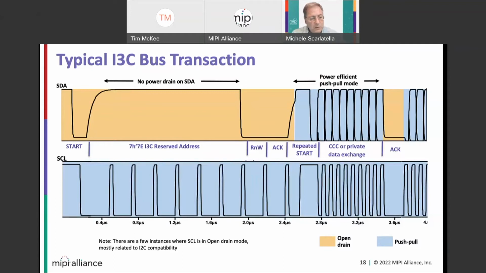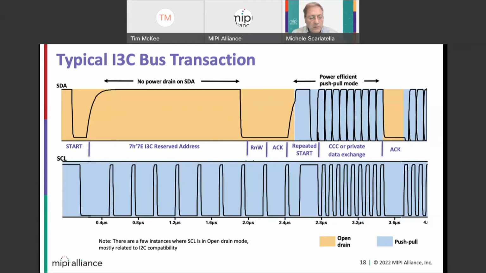Then we have the start sequence, SDA going low, followed by SCL going low, similar to I2C. And then in I3C, almost always, except a few instances, we put out the 7E address. This is a 7-bit address reserved for I2C. This is not recognized by I2C devices, so they will not respond.